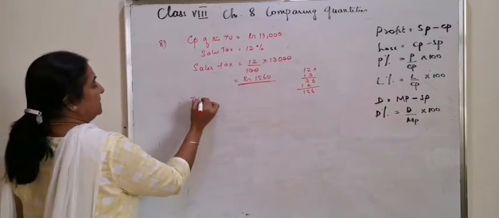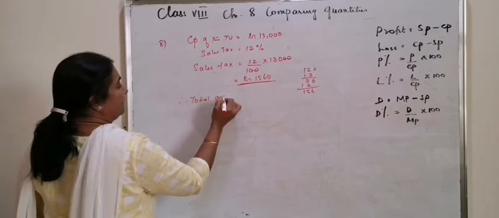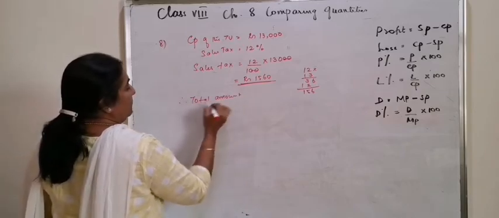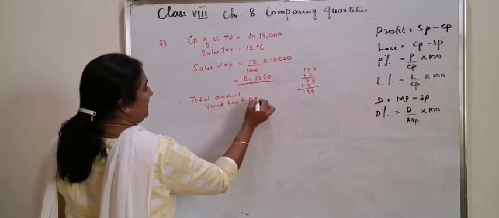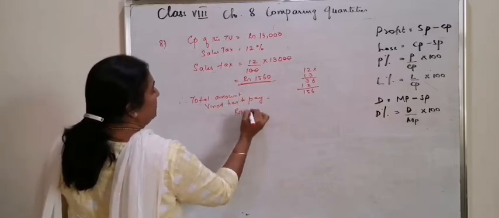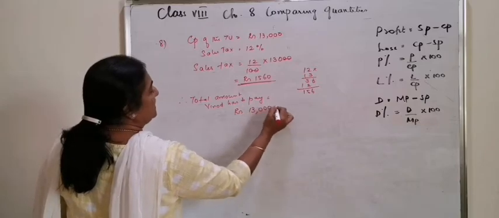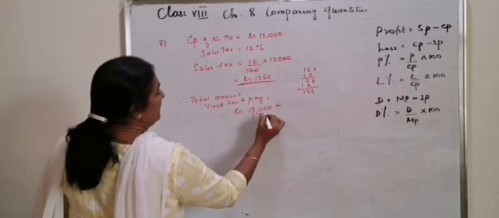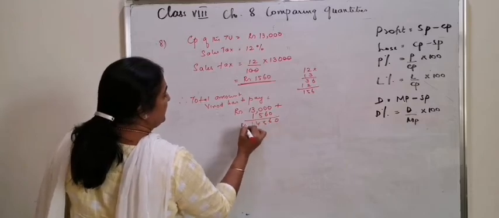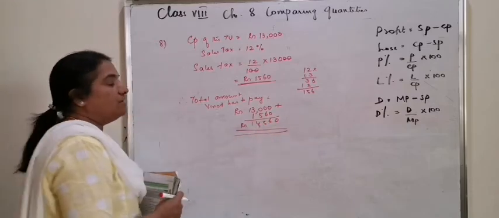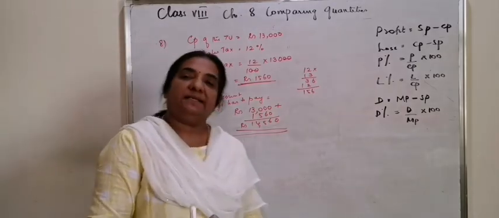So what is the total amount we now have to pay? It is rupees 13,000 for the TV plus rupees 1,560 as the sales tax. The total amount is rupees 14,560.